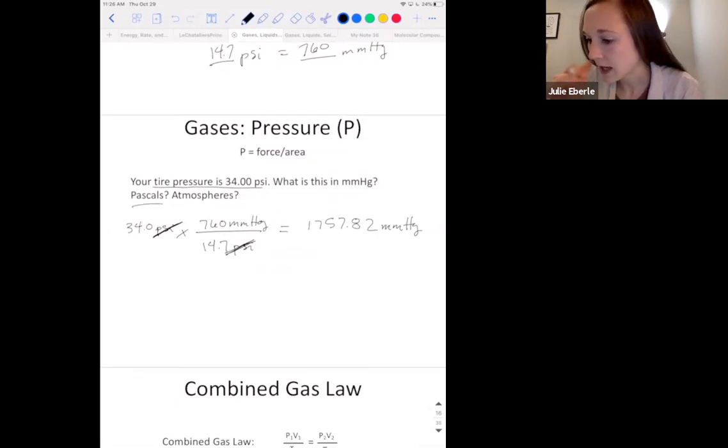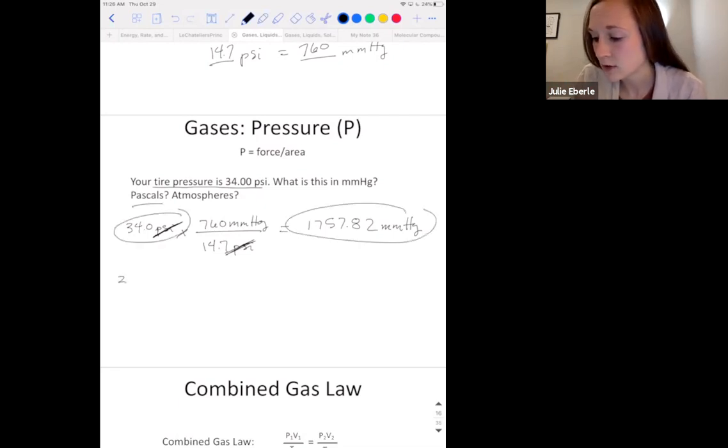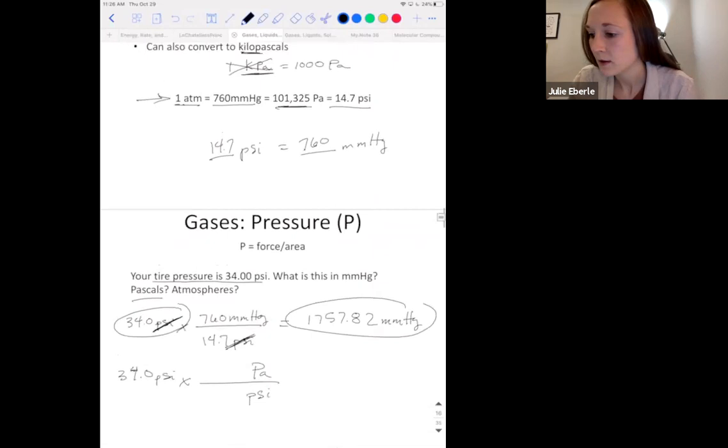Okay, what is it in pascals? So now you can honestly start either place. You could pick this number or this number and convert to pascals, but we'll just stick with the 34. So now we're going from PSI to pascals. So we need the relationship. We know it's 14.7 PSI.